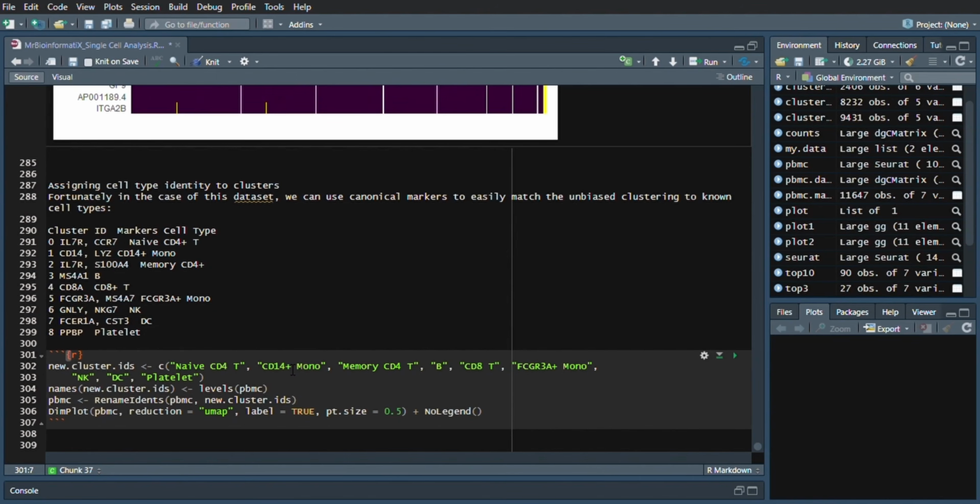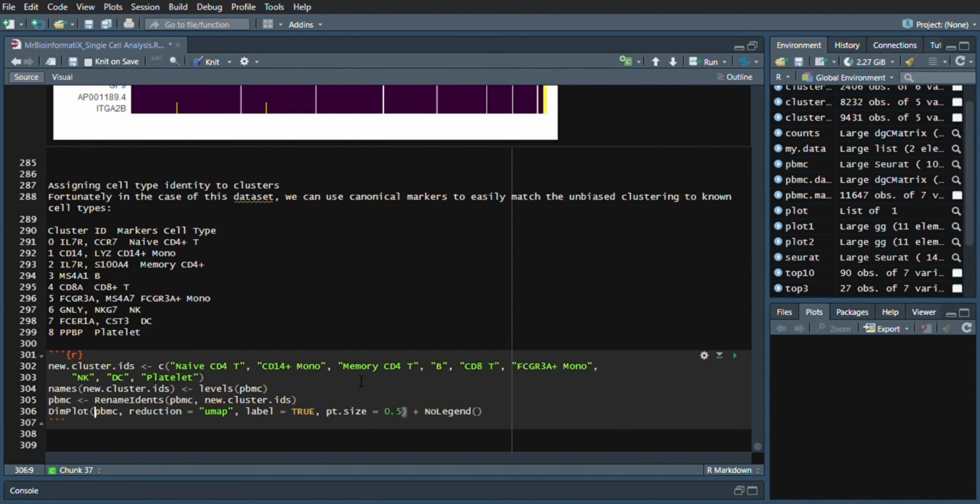So, we write new.cluster.ids, c, and we put the names of the cell types, naive CD4 T, CD14 plus mono, and so on. And then names(new.cluster.ids) equals levels(pbmc), and pbmc equals RenameIdents(pbmc, new.cluster.ids), and then DimPlot.